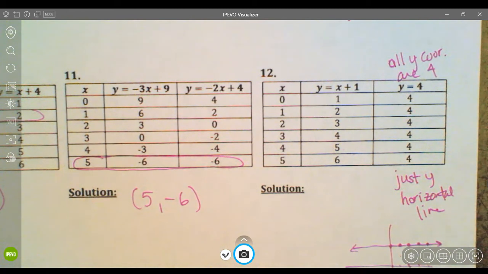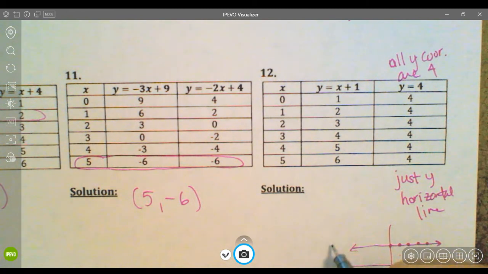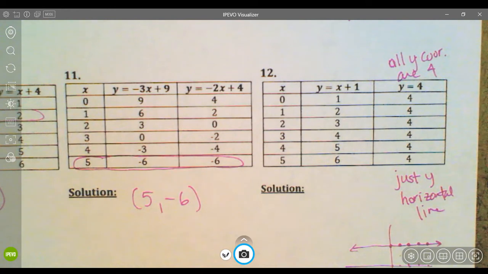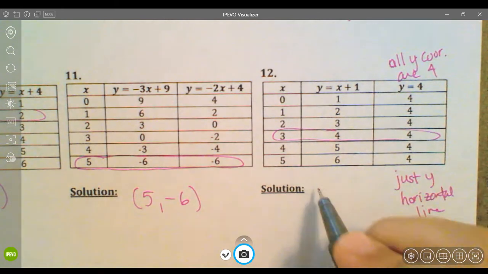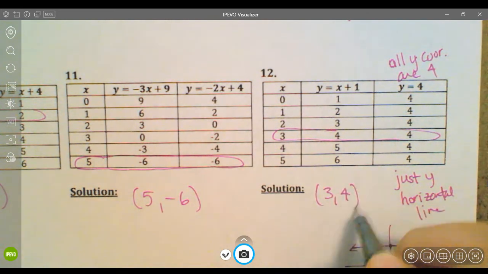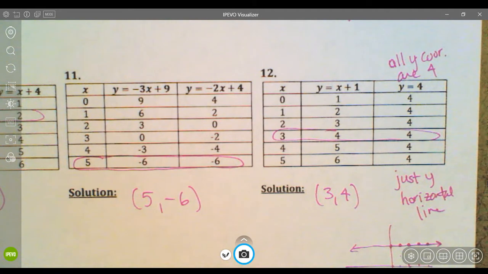Just know that when you see just x, it's a vertical line. What I'm looking for here is my solution. And it appears that my solution is 3, 4. So what am I looking for when I'm asking you to solve a system of equations? I'm asking you to find ordered pairs that make both equations true.